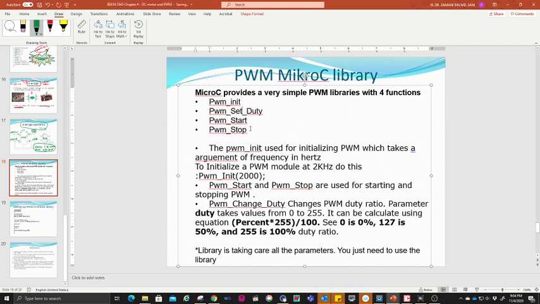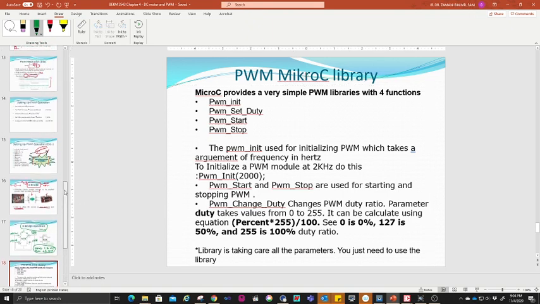This is the library that we are going to learn and use in our MikroC programming. I'm going to show you the tutorial on how to control a motor in our next tutorial, tutorial number 2, on the next lecture, lecture number 2. I'm going to split the lecture into the theory and the lectures on Proteus and MikroC programming.